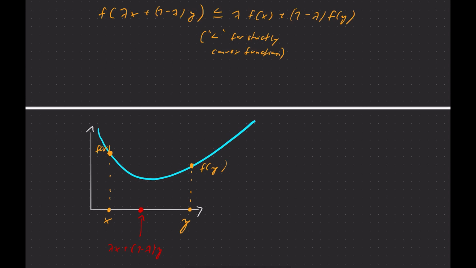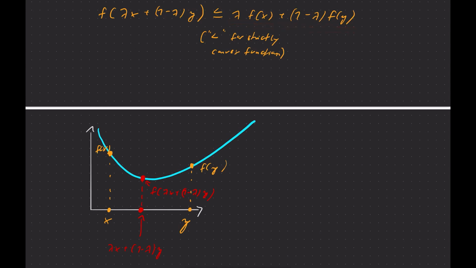And of course, we also need to have a look at the function value of that point. So this is the value of f of lambda x plus 1 minus lambda y. Yeah, so that is the left-hand side. And what the condition says is this point is lower or equal to the convex combination of those 2 points.